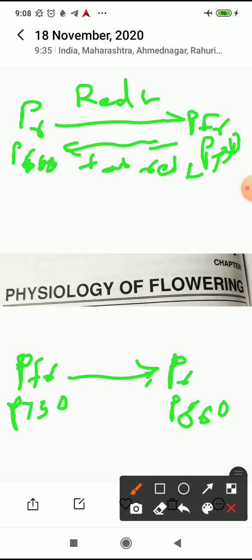And the other, PFR, means the far red light absorbing pigment. This PFR form absorbs maximum far red light at 730 nanometer wavelength.